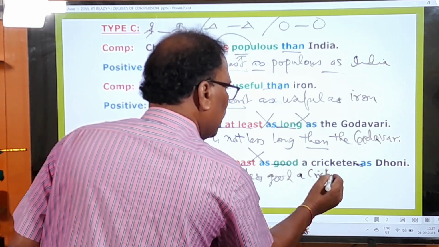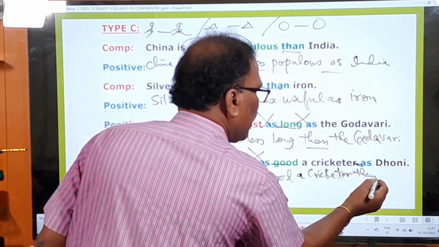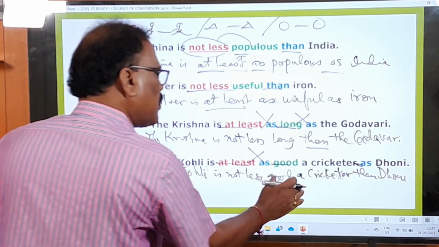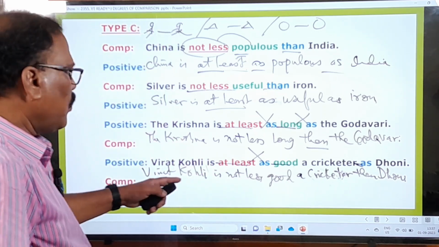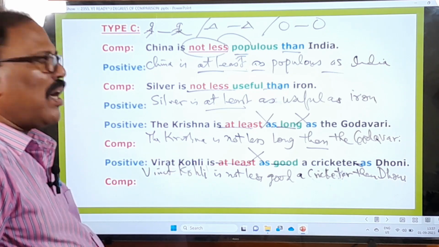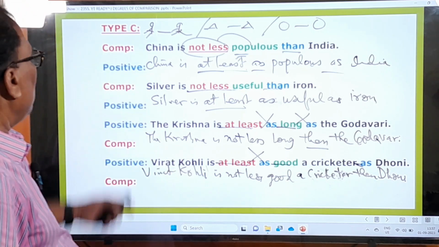A cricketer than Dhoni. Virat Kohli is not less good a cricketer than Dhoni. Not less good a cricketer means both are good, something like that. So this is type C, sir.